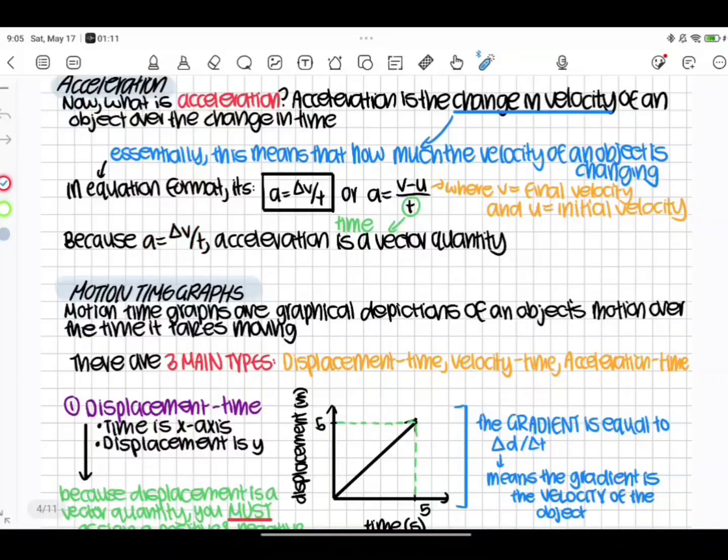Furthermore, we can derive the units for acceleration because we know that the units for velocity equal meters per second, and we know that this is over time, which is in seconds. So we get meters per second squared, or meters second to the power of -2. That's essentially the unit for acceleration.